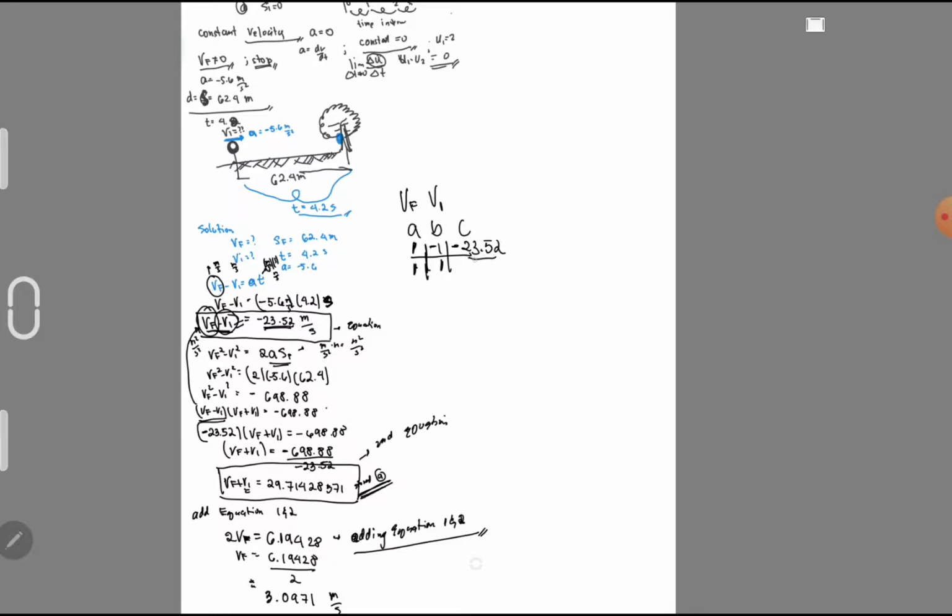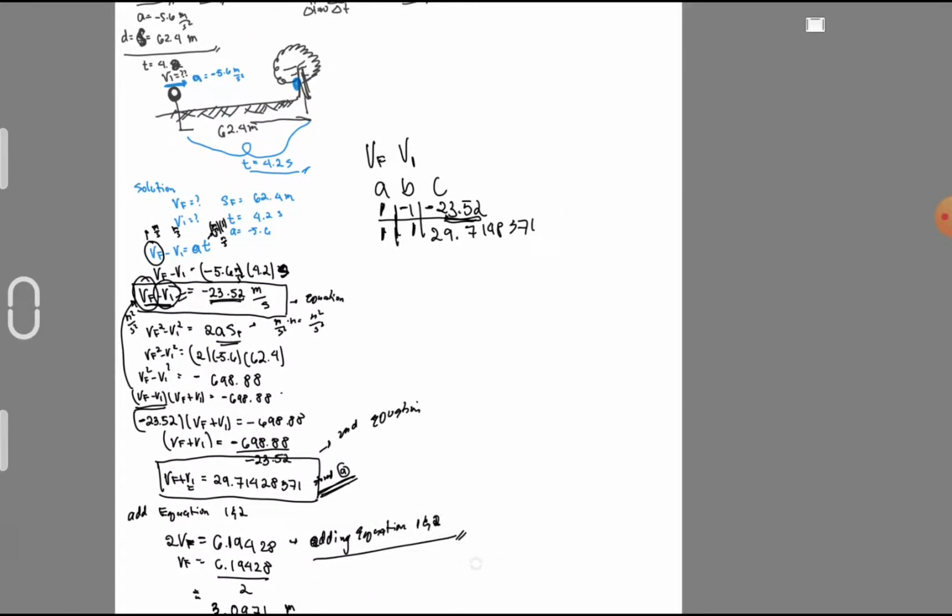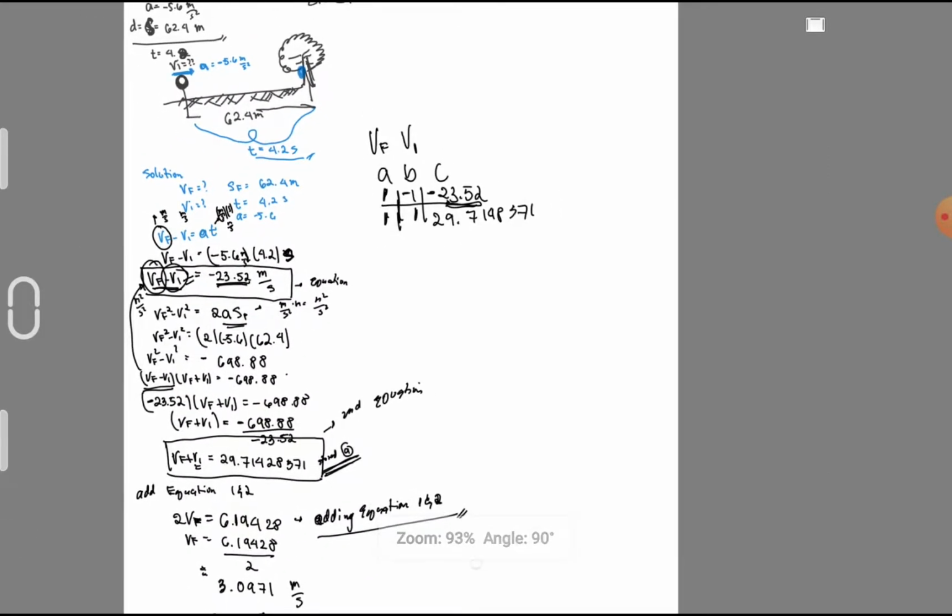And then we have positive 29.714837 1. Okay? But particularly sa mga naka-store ng value ng 29.71428 yung as A, pwede yung ilagay yan sa calculator natin. Okay?